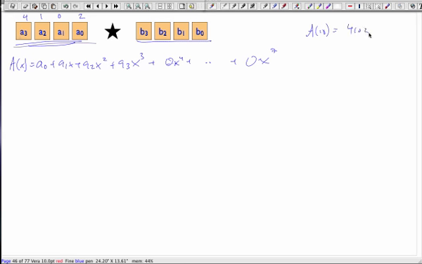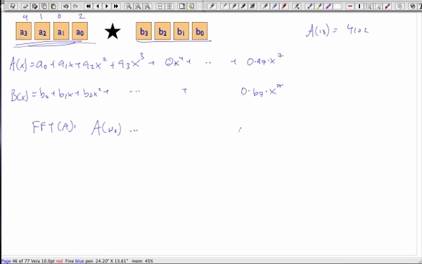Everybody see that? Similarly, I can write b as a polynomial. Now, these are two polynomials. So what I can do to multiply these two numbers is compute the FFT of a, and that's going to get me a of omega 0 all the way to a of omega 7.